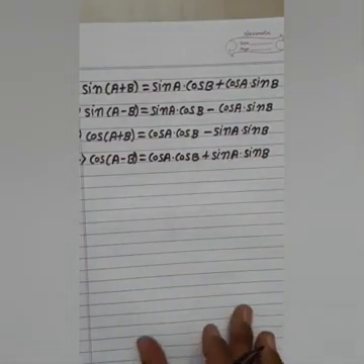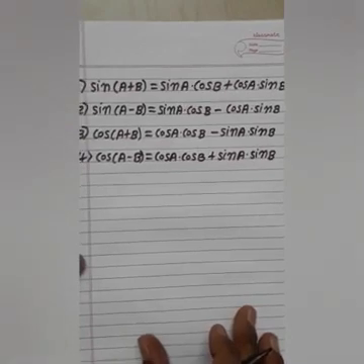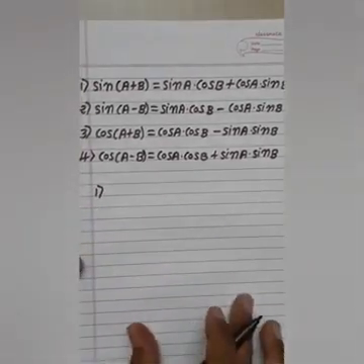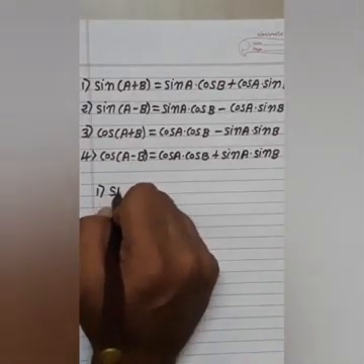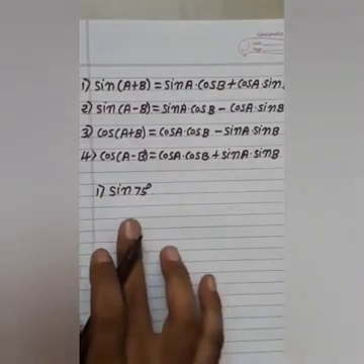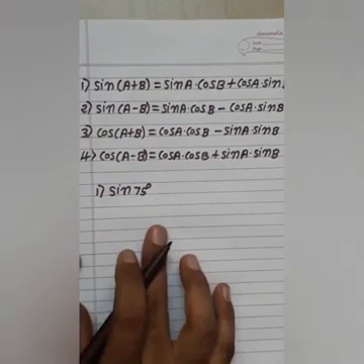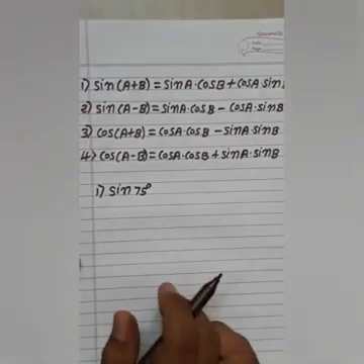Now related to all these formulas, let us discuss some questions. So first question: find out the value of sine 75 degree. We know the values of sine 30 degree, sine 45 degree, sine 90 degree, but we don't know the value of sine 75 degree.